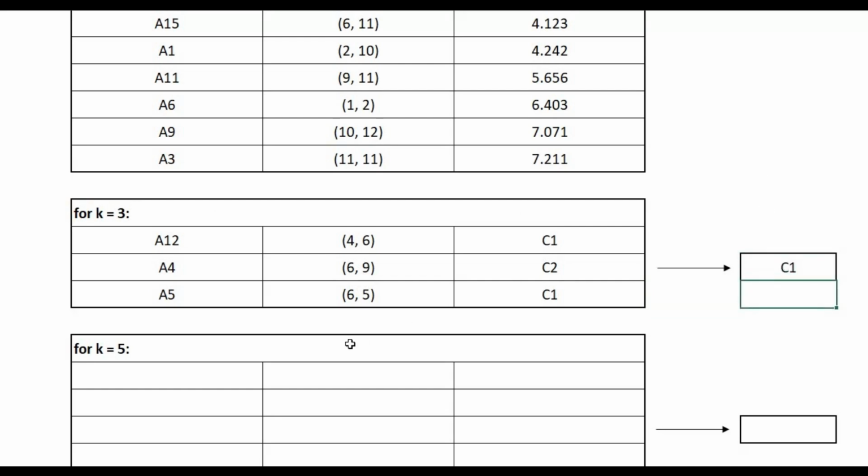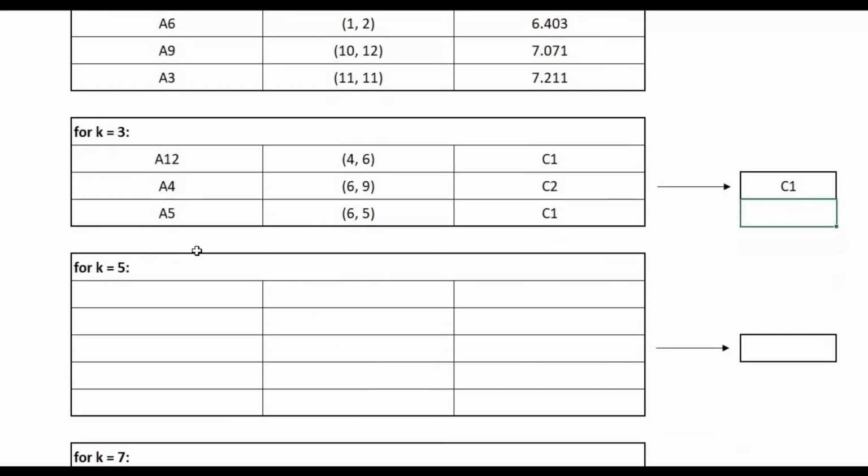But wait, we have two k's left. Now for k5, repeat the step. We have to select the starting 5 data points from the sorted list.